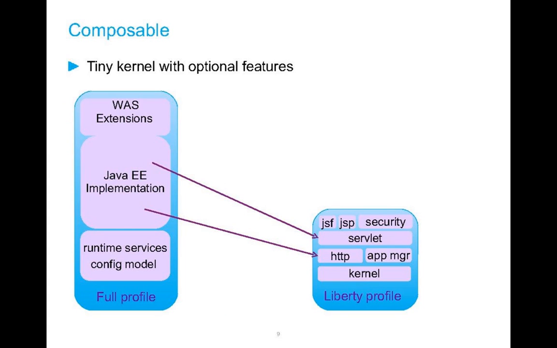On top of all these things, there is the Java EE implementation and then the WAS extension. Note that these are fairly monolithic blocks. In Liberty, you see a kernel, and on top of that the application manager and HTTP. This is the base runtime, and on top of that, you can install different features.